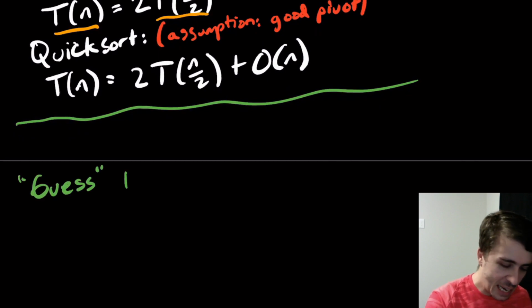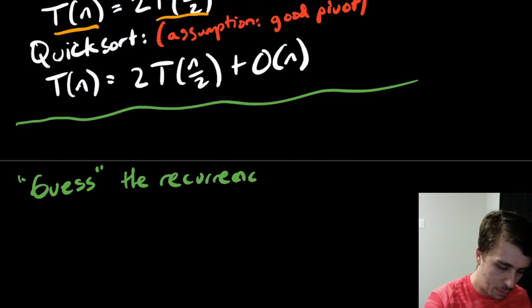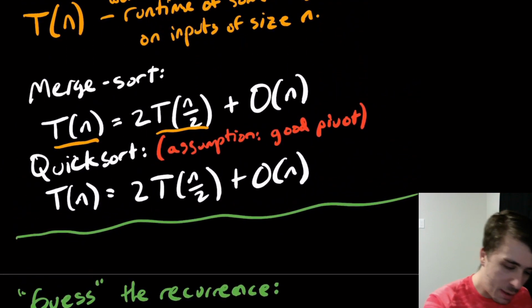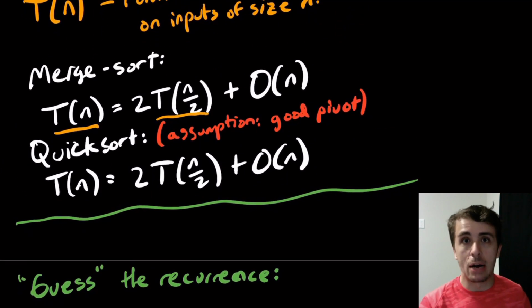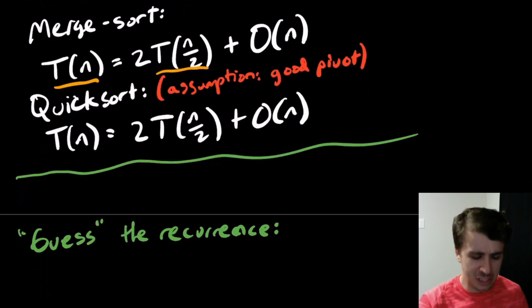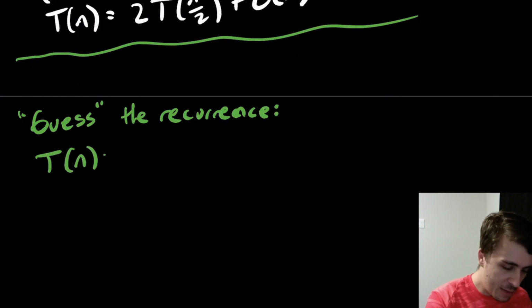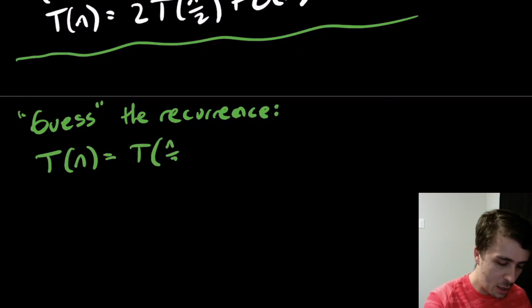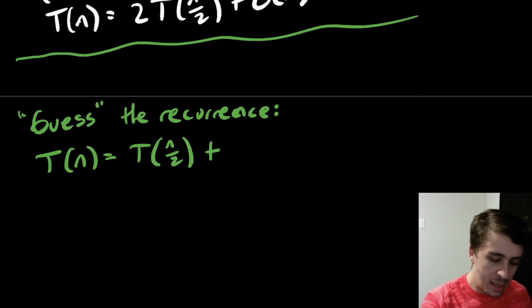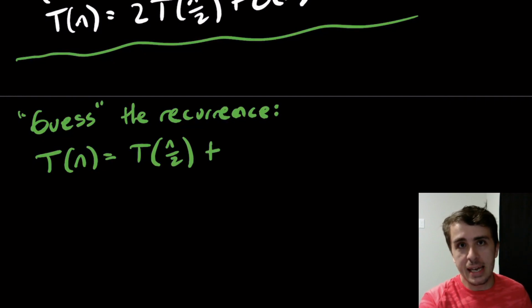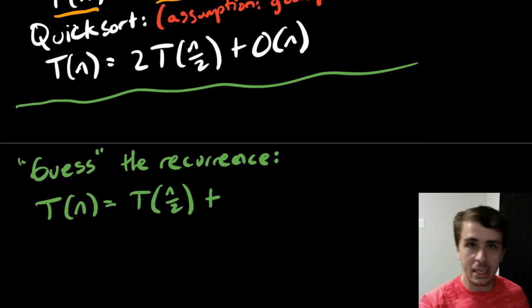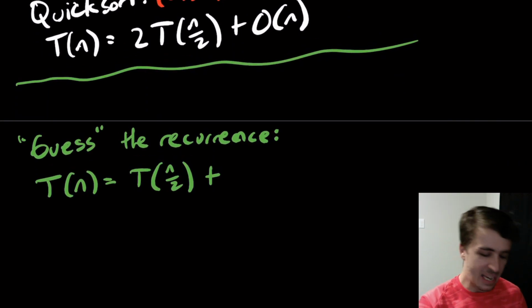And since it's exactly the same between the two problems, then we're going to do that. In fact, another one that we saw was with Towers of Hanoi, but I'm going to do that one next because, well, these two are exactly the same, so we can kill two birds with one stone. Okay, so T of n is 2 T of n over 2 plus, so I don't know what the constant is behind the big O notation, so I'm just going to call it c.